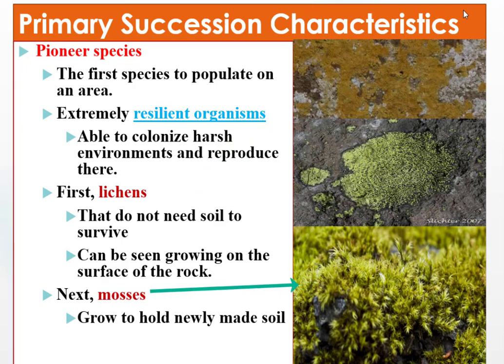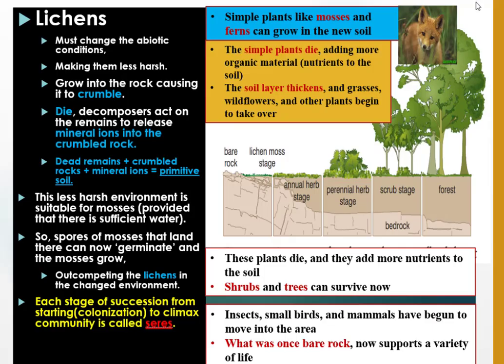Mosses grow to hold newly made soil. Lichens can change harsh, unsuitable abiotic conditions and make them less harsh, a little more suitable for other organisms. Lichens grow for the first time on rock and crumble it.